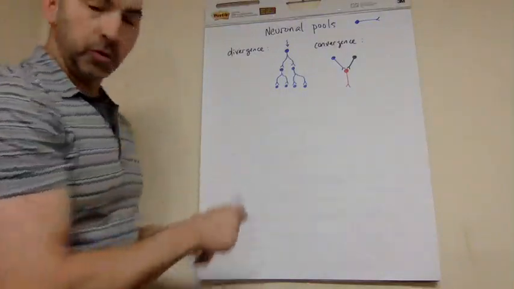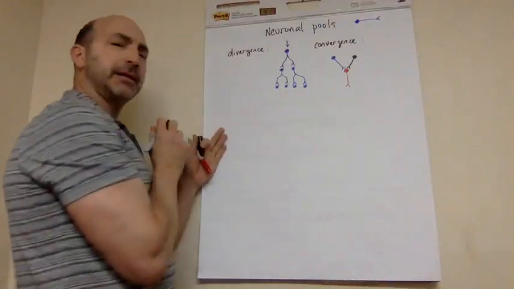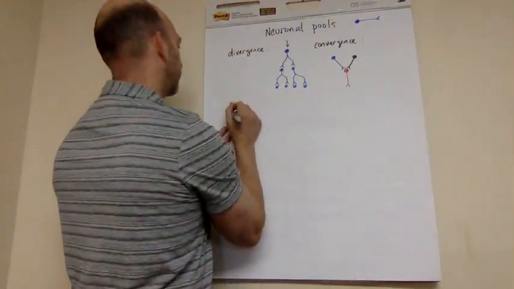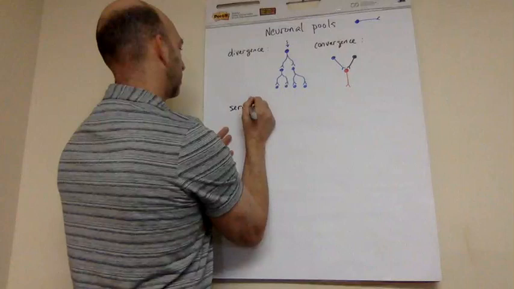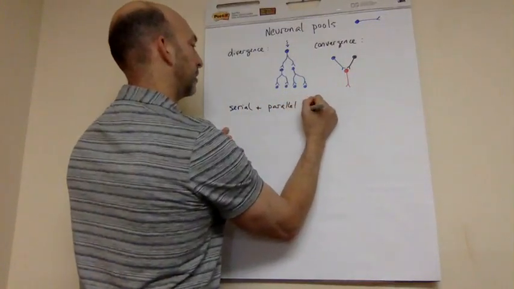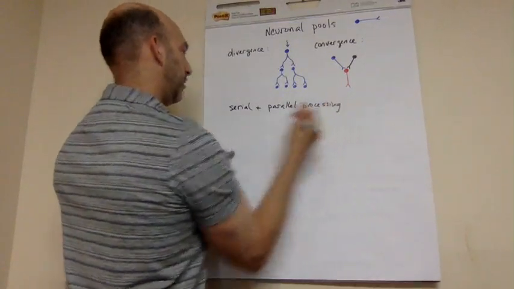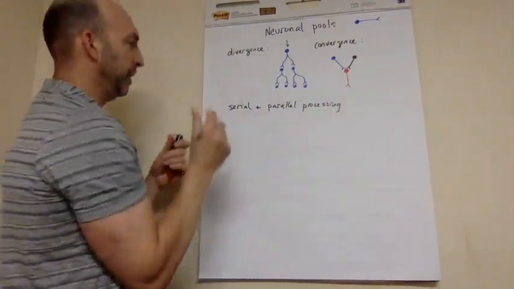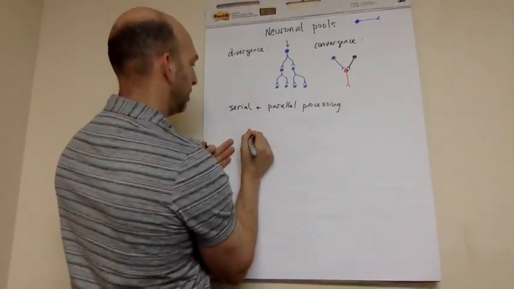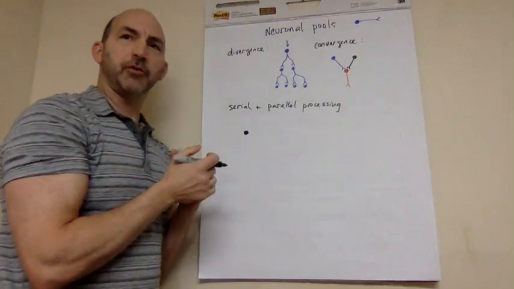Now, let's do serial processing and parallel processing maybe at the same time. And we can do those together because it sort of makes sense, right? If we're serially processing something, that's kind of like the reflex arc that we've drawn before, right?